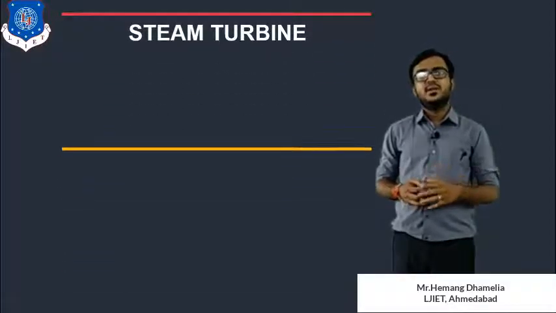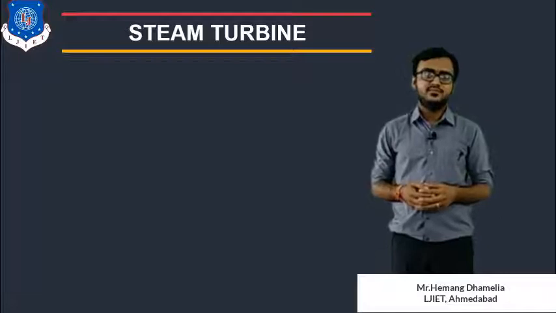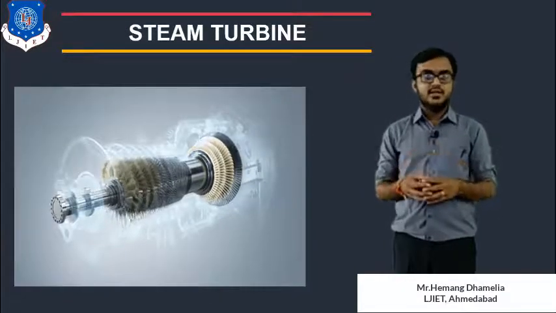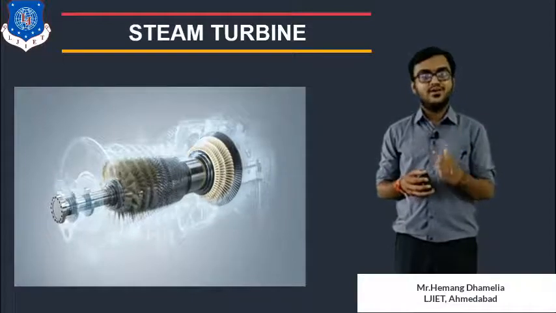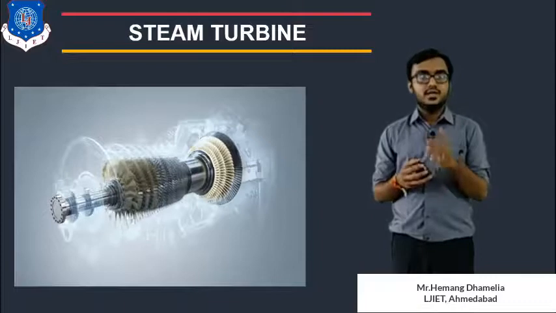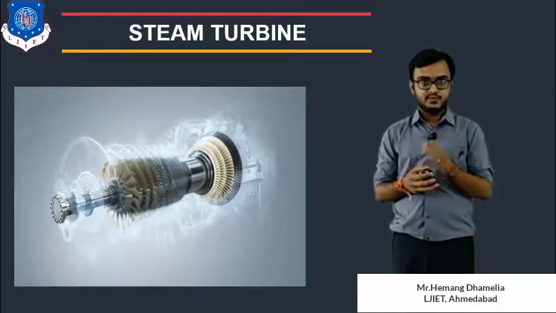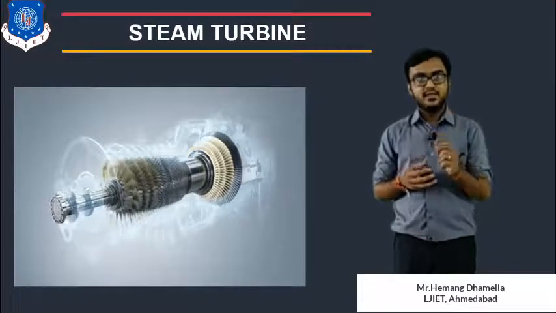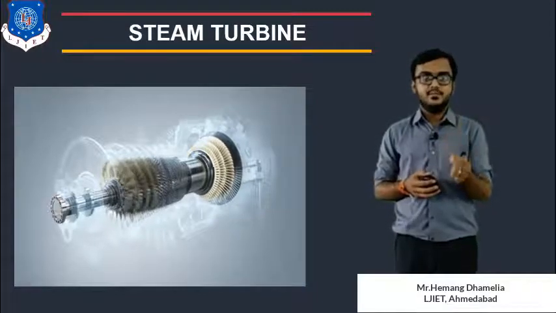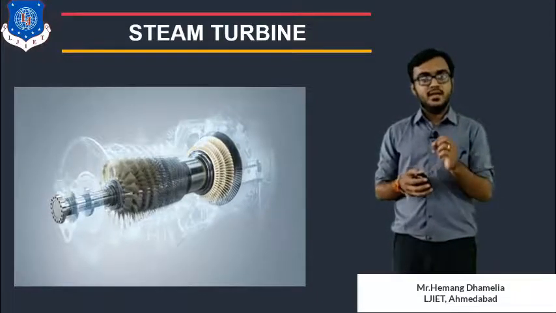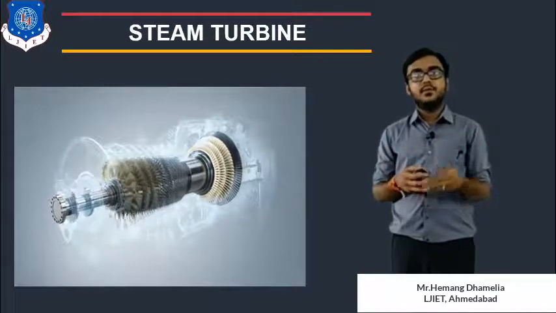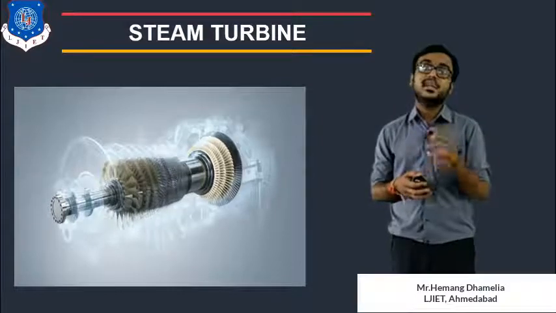Now, what do you mean by steam turbine? You can say steam turbine is a prime mover which converts the energy of steam into mechanical power. And that mechanical power we are using to produce electricity.